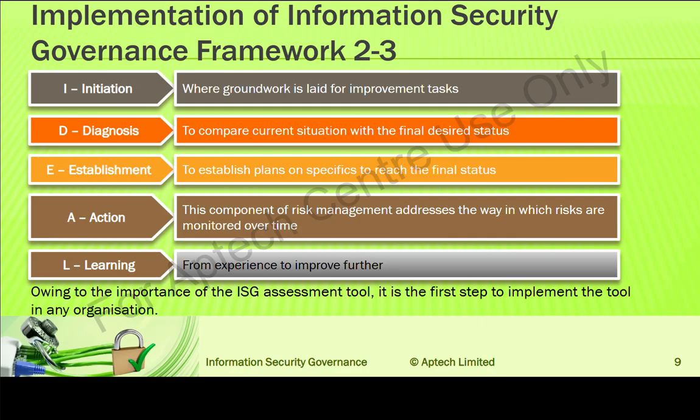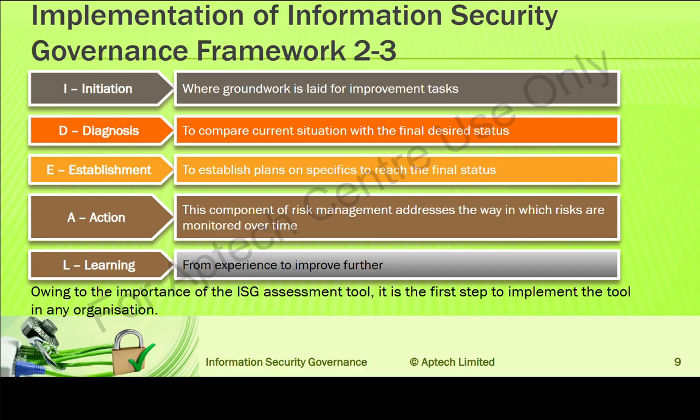When we talk of the initiation stage, this is where the groundwork is laid for improvement tasks. Diagnosis is to compare the current situation with the final desired status. Number three is establishment, to establish a plan specific to reaching the final status. What are the plans to achieve this goal, to implement information security governance?